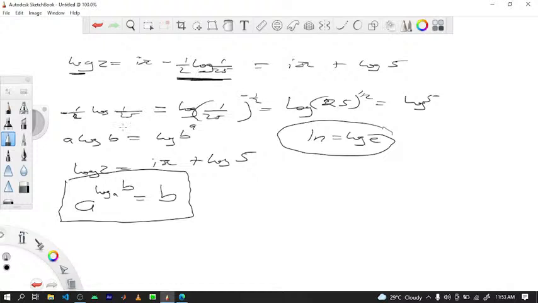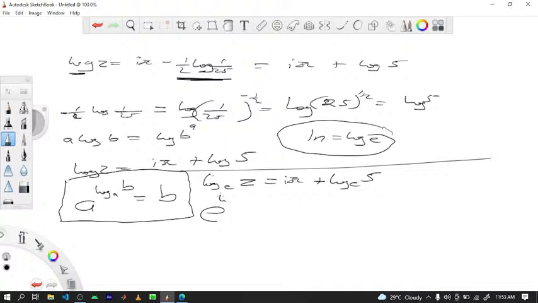So if this is log to the base e of z is equal to i pi plus log 5, we take both sides to the power of e. So e to the power log to the base e of z is equal to e to the power log to the base e.